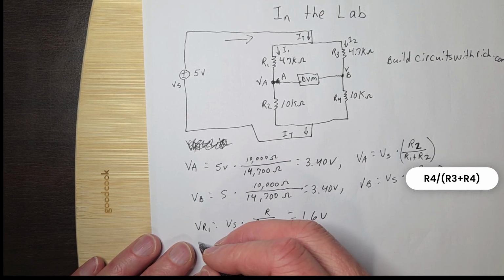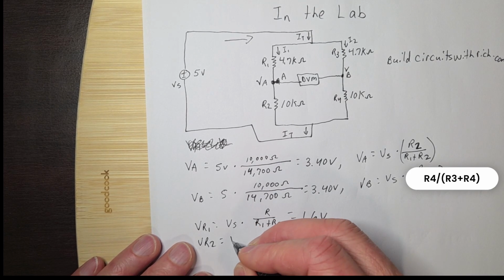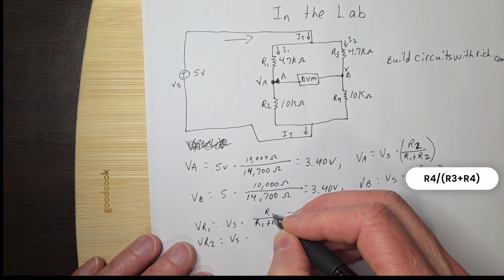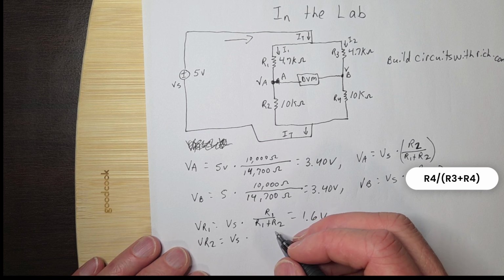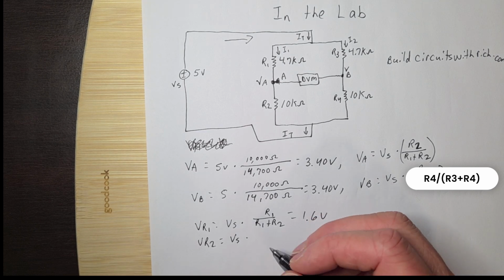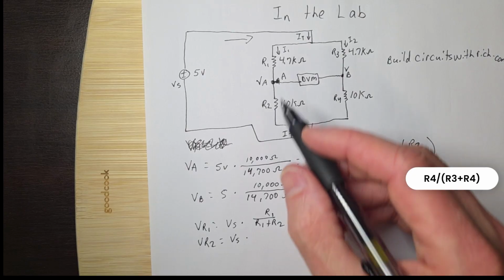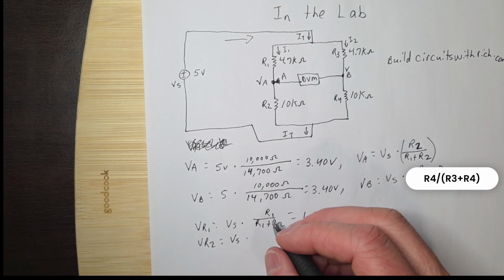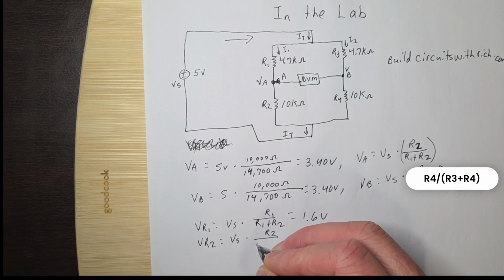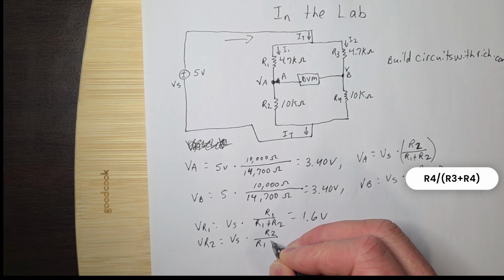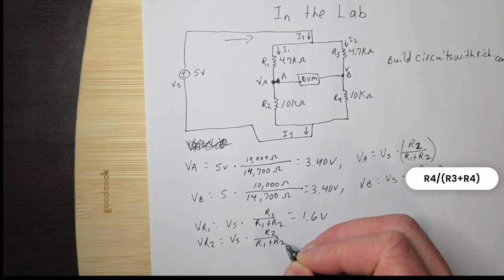And then, of course, VR2 is going to equal VS times, well, I said R1, didn't I? VR2 is going to be VS times R2 over R1 plus R2, right?